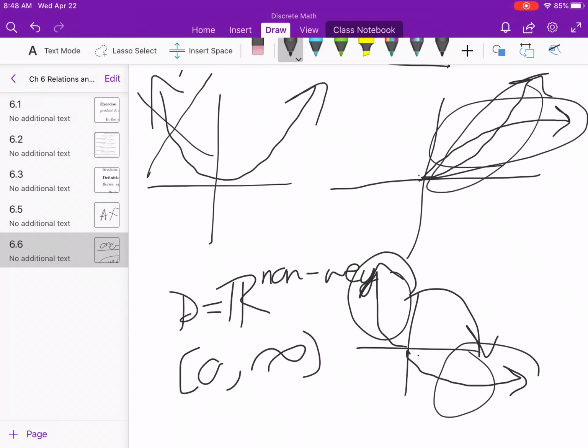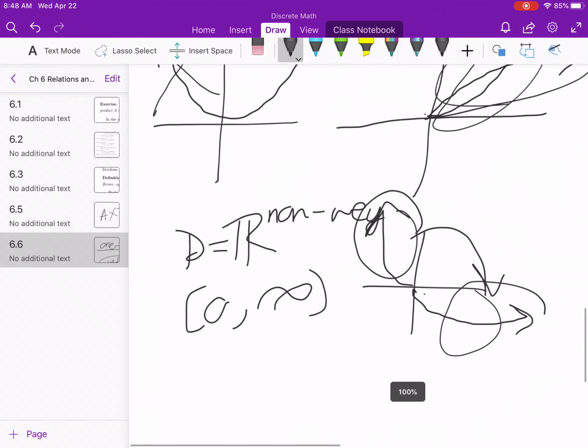It doesn't really matter. So in some ways, what I can do is get a one-to-one function, a bijective function between the sets that I want, just by restricting it.